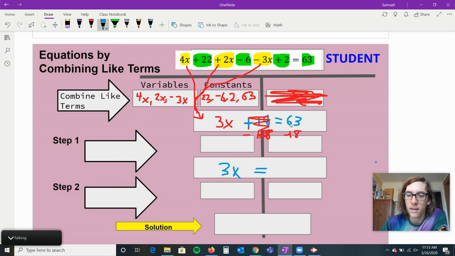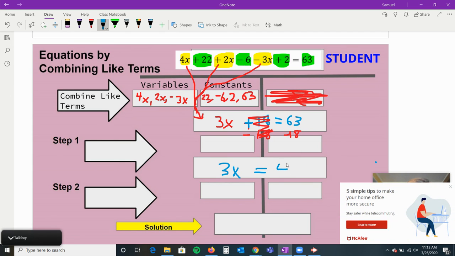Let's see what we get there. 63 minus 10 would be 53, and then minus 8 more. So we would get to 50 if we took 3 more, and then 5 more, 45. So we get 45.